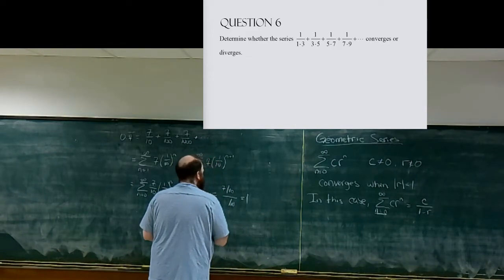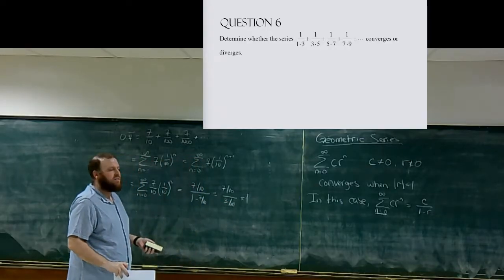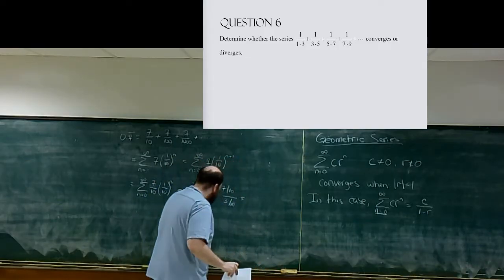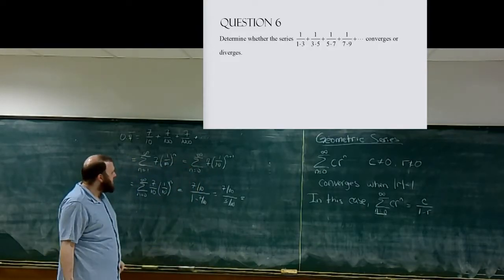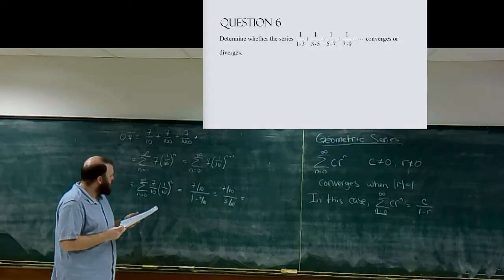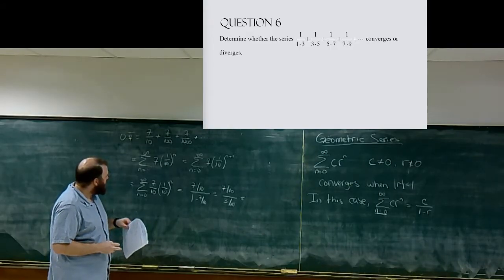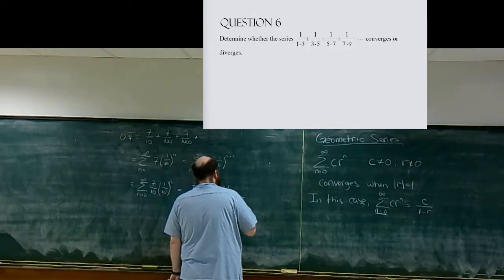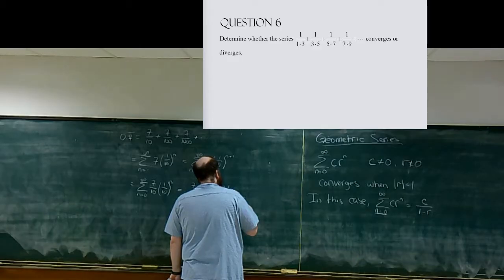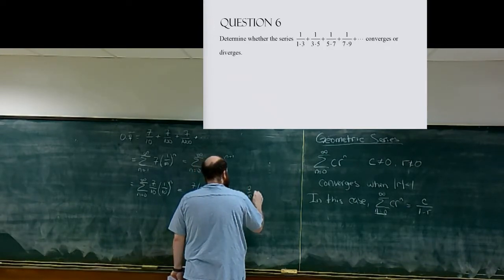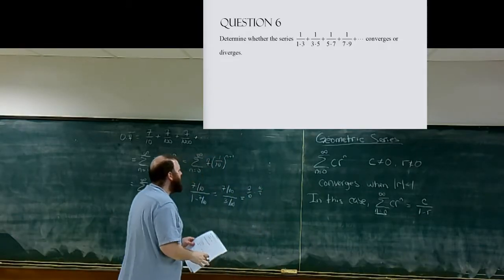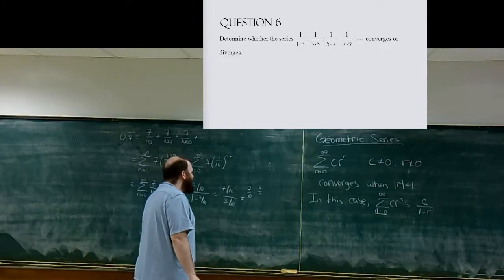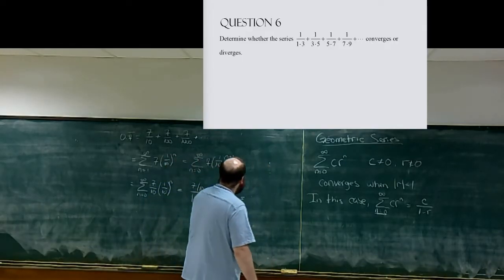This would now be 3, right? It's not right. So that's 10/3, that's not right. 7/3, that can't be right. What happened?